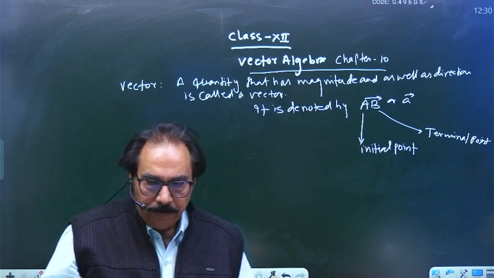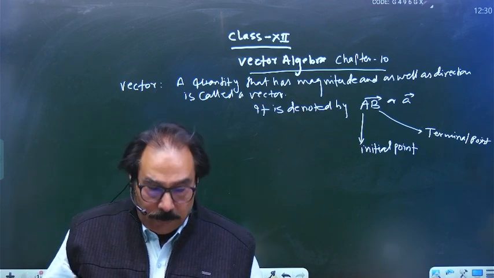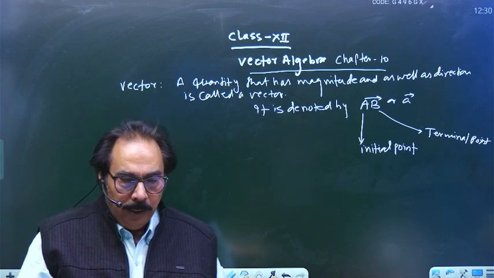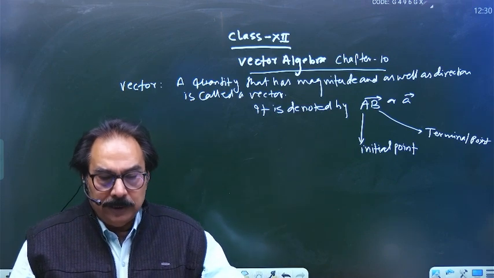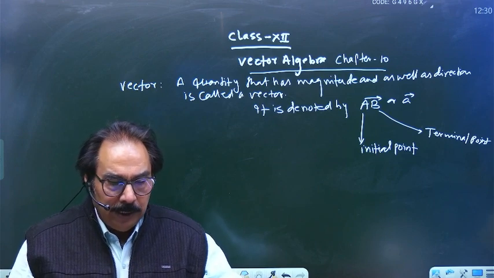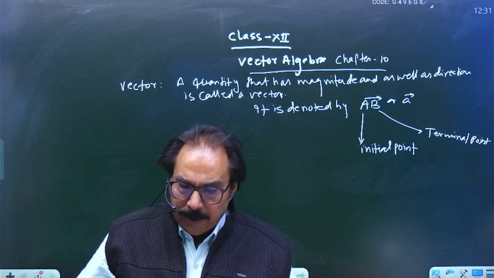Got it? So the initial point means the point A from where vector AB starts, and B means where it ends, which is called the terminal point.